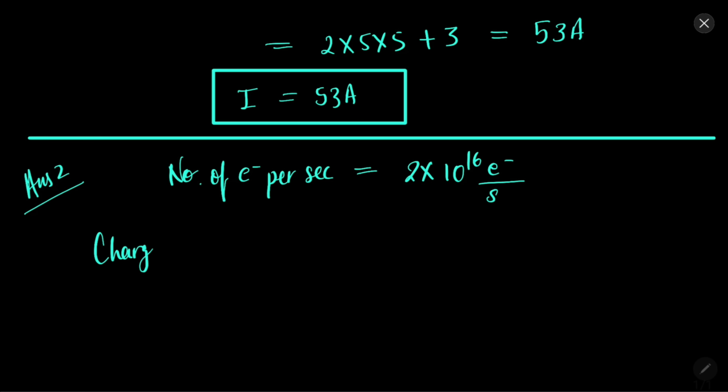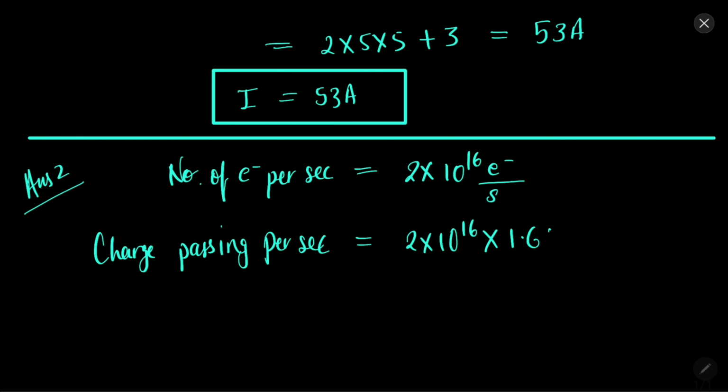Charge passing per second will be 2 into 10 to the power 16 into the charge of each electron, so this much coulomb per second. So this will be our current.